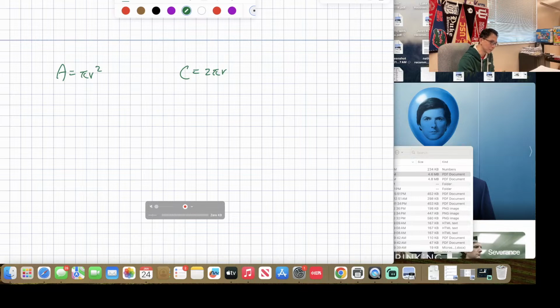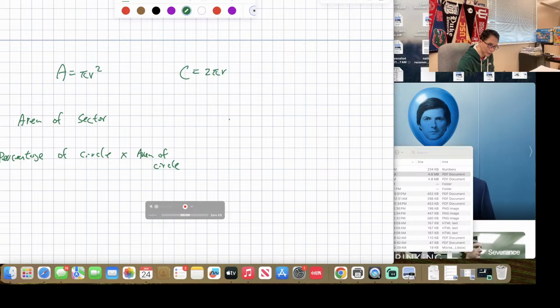Now, area of sector means like, let's say 3 slices of pizza will be the area, right? Area of sector is a percentage of circle times the area of circle.